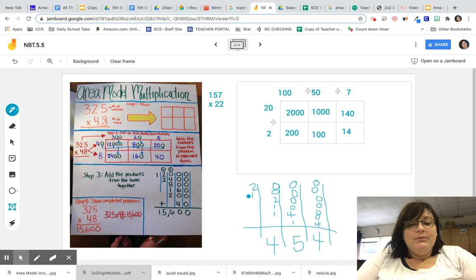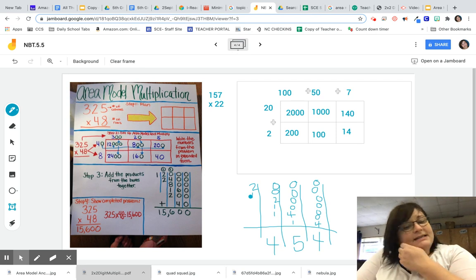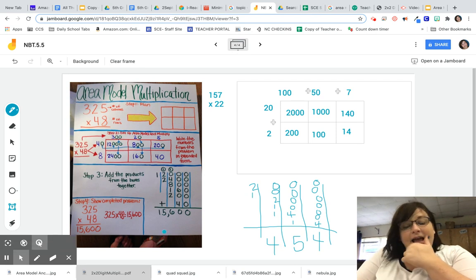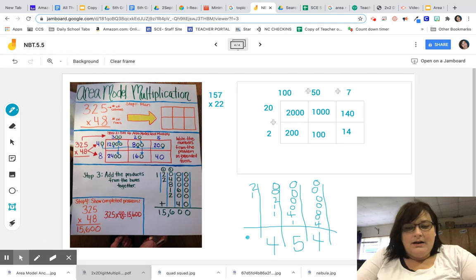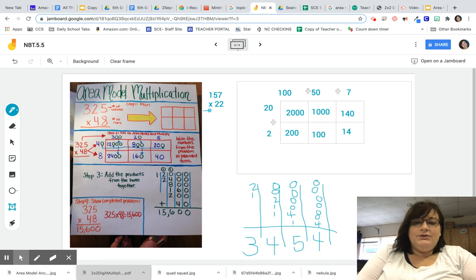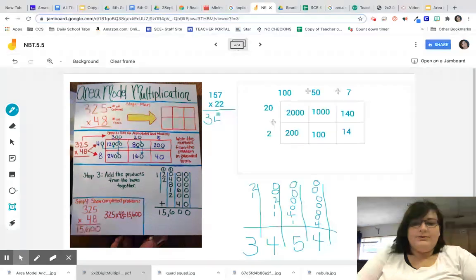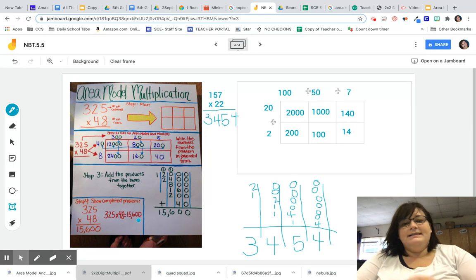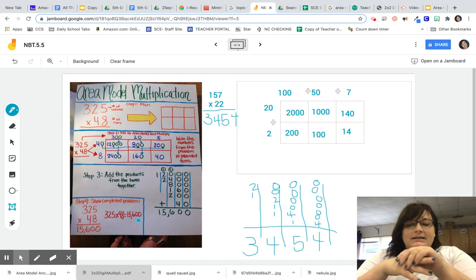And now we move on to the thousands place. The thousands place is 2 plus 1, and we know that that is 3. So the answer to our problem is 3,454. And that is area model with 3 digits by 2 digits.